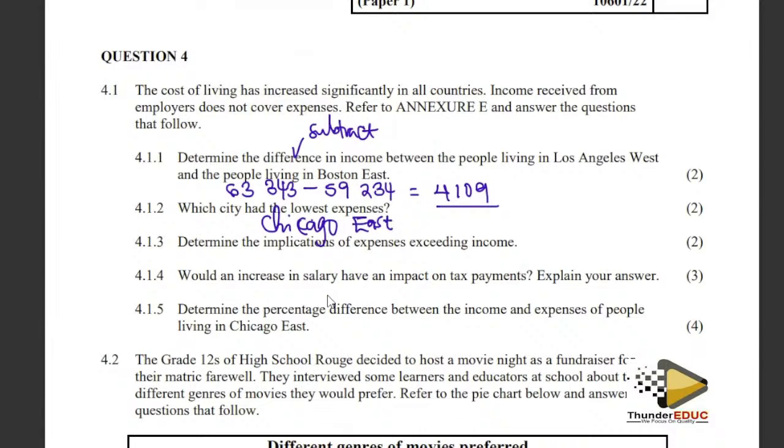4.1.3. Determine the implications of expenses exceeding income. Definitely here people will become poor, according to poverty. It will be poverty, straightforward.